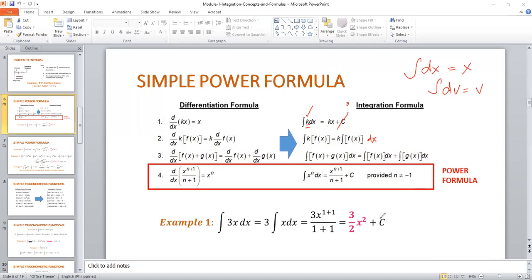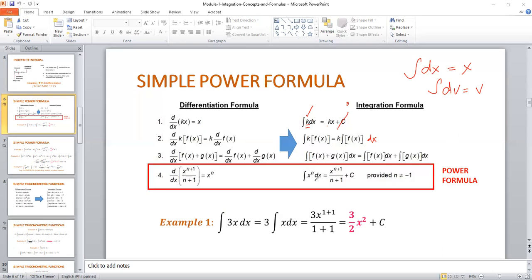Okay, now what about this power formula? It's actually the title to this, but before we discuss this one, of course, I need to discuss this because these are properties for you to know regarding how you integrate constants with variables and expressions which have several terms, so they are needed.